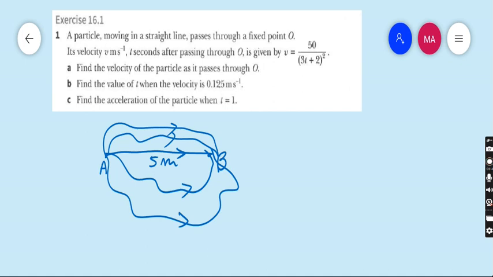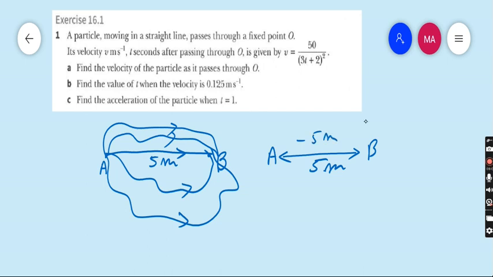So distance is always greater. For example, if a point moves from A to B, the displacement is 5 meters. But from B to A, the displacement is -5 meters.